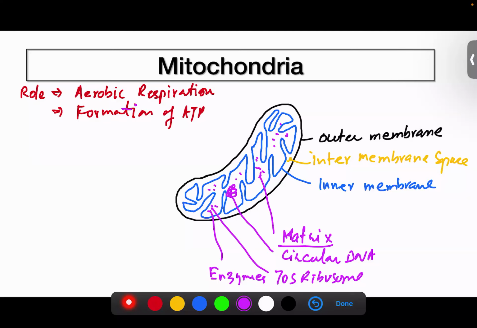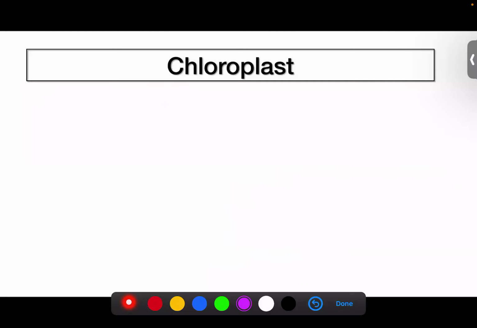Now let's see the structure of a chloroplast. Chloroplast is found in the plant cells only. It is found in mesophyll cells, and it is also found in guard cells.